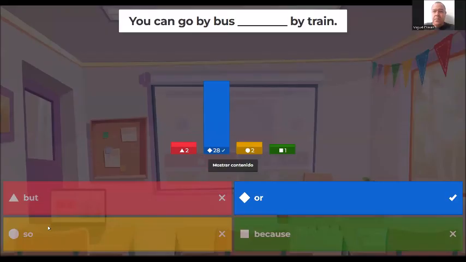You can go by bus or by train. The correct conjunction is or.